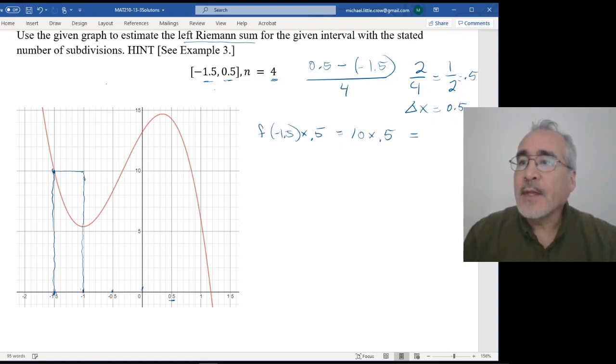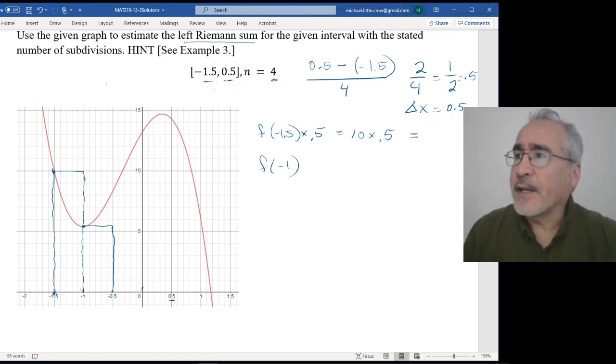Okay. Then we look at getting f of negative 1, right? Because that's the next thing here. So that goes from here straight over to the next interval. So that's going to be this rectangle. And we've got to estimate, that's 5, that's 6. I'm going to call it 5.5.